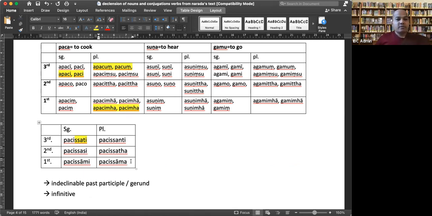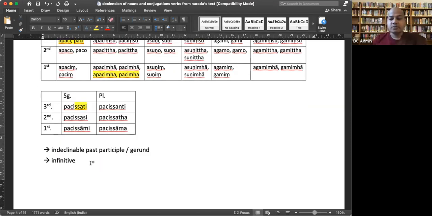We have also become familiar with these two other forms of verb: indeclinable past participle, otherwise called gerund, and also infinitive. Do you remember the characteristics of these two different modes of verbs?